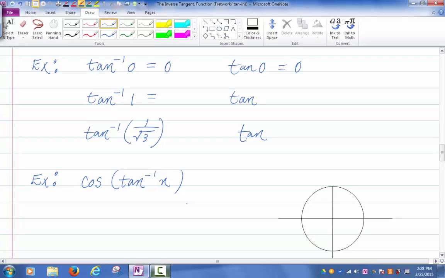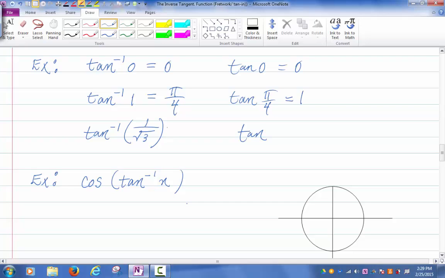Remember that tangent at pi over 2 is undefined. This is pi over 4. Remember, tangent is sine over cosine, and at pi over 4, sine and cosine are the same, because tangent of pi over 4 is 1.